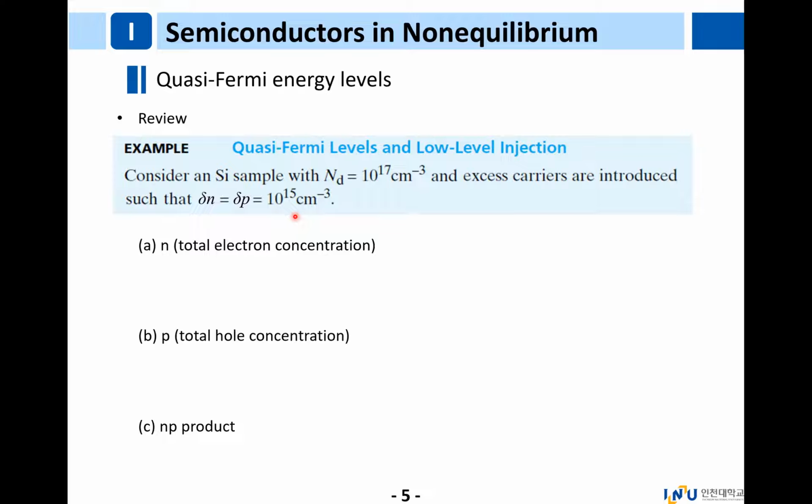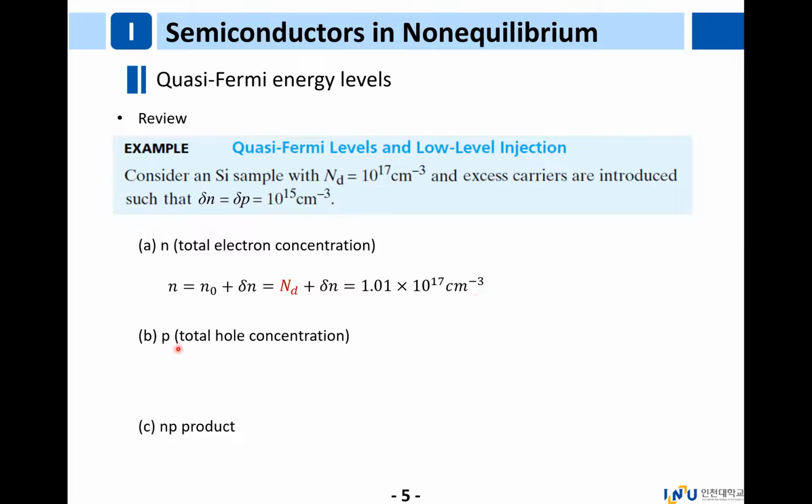First, the total electron concentration is given by n0 plus delta n, where n0 is the concentration of donors. Therefore, the electron concentration can be expressed as follows.